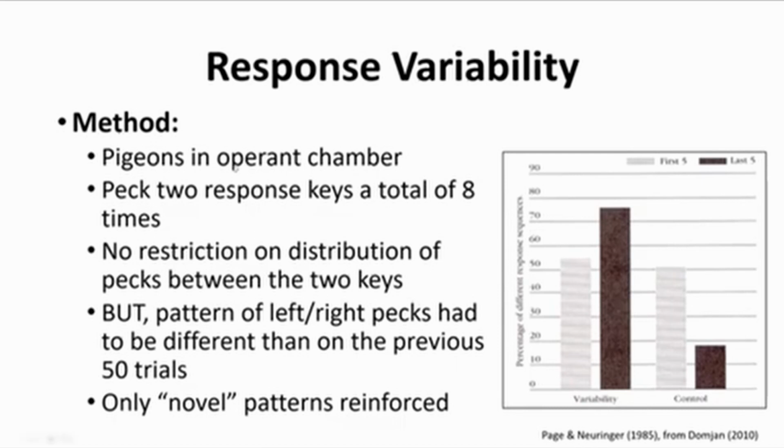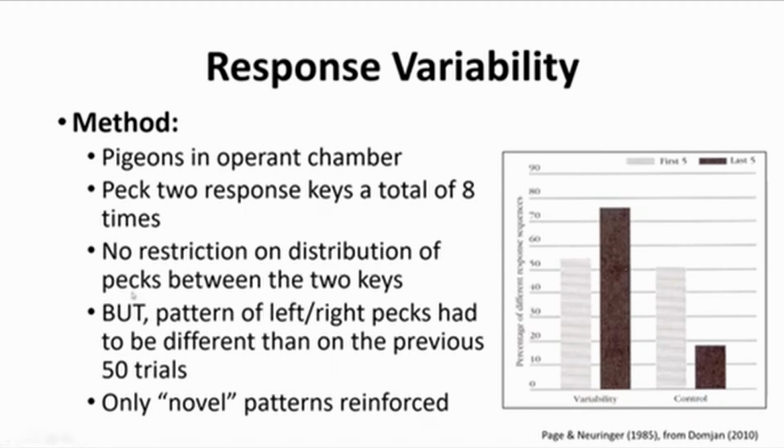So pigeons in an operant chamber had to peck between two different keys a total of 8 times. We don't specify what those keys are, and honestly, it doesn't really matter. To match our graph here, we might have one key that is horizontal stripe and one that is solid black. And they had to peck between that striped and black key a total of 8 times.